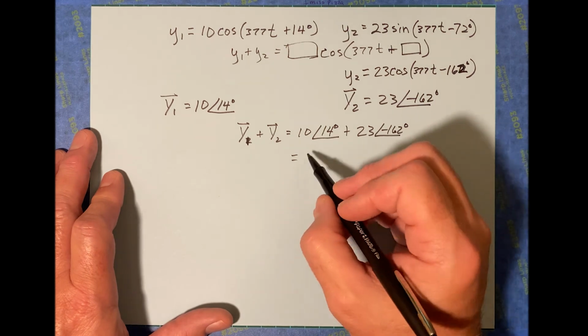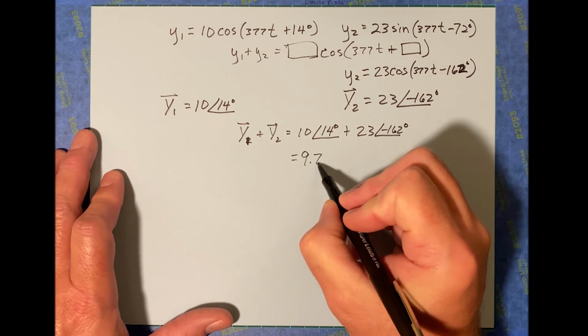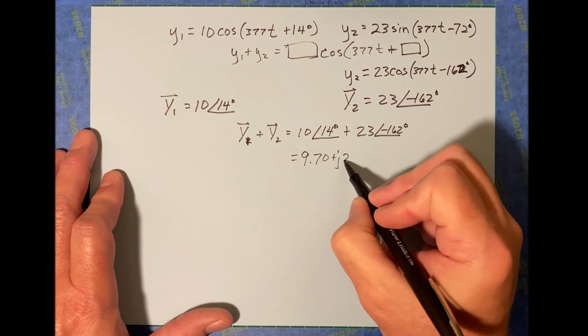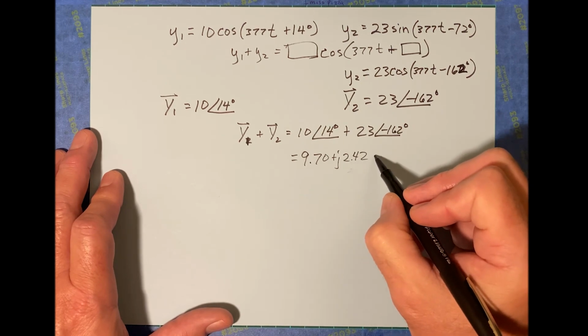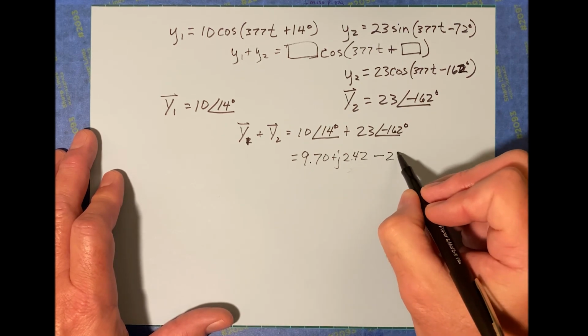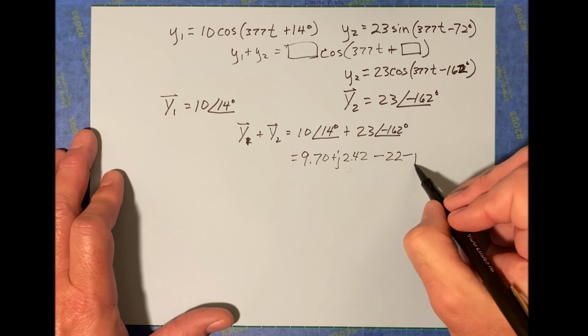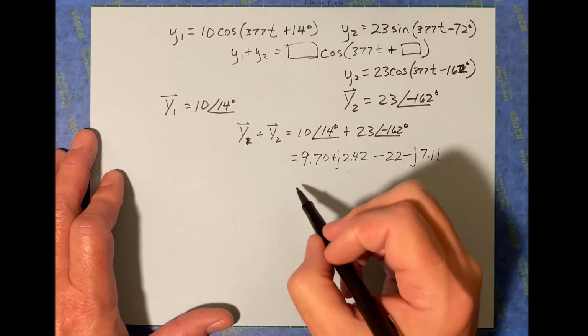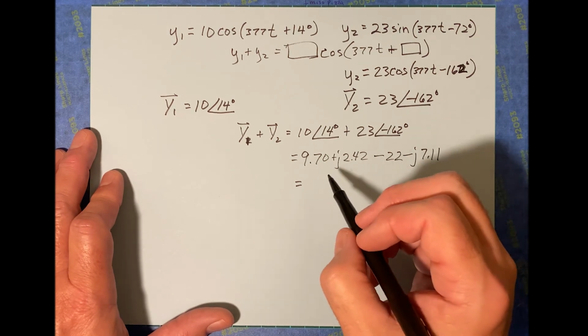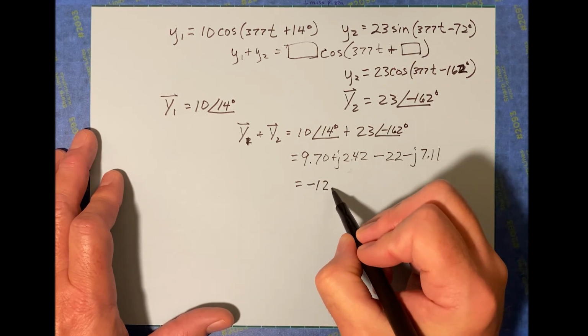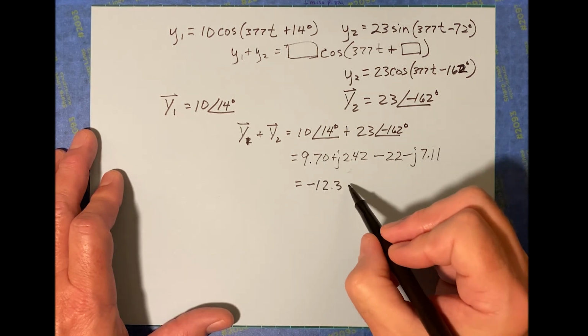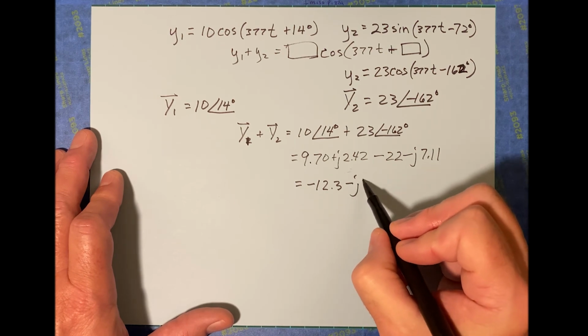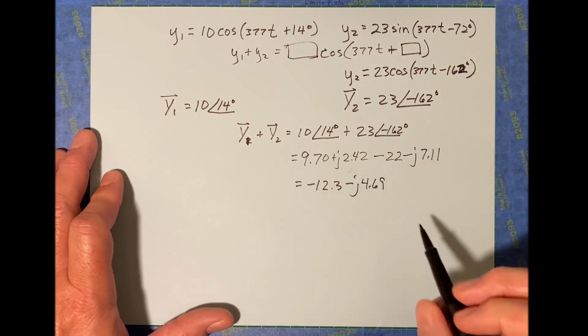A few strokes of your calculator: 9.70 plus j 2.42 minus 22 minus j 7.11. Add the real parts, you end up with minus 12.3. Add the imaginary parts, you end up with minus j 4.69.